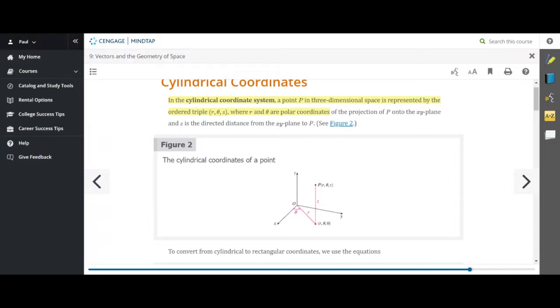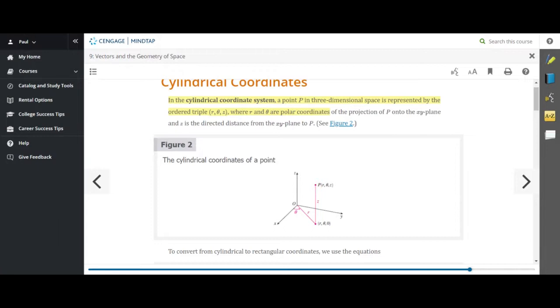The r and the theta stay exactly the same as you learned in polar coordinates. In figure 2, they show you the cylindrical coordinates of a point. You start at the origin, rotate an angle theta from the positive x-axis, then move forward a radius r in the xy plane, and then move up or down a value of z. And that is a cylindrical coordinate.